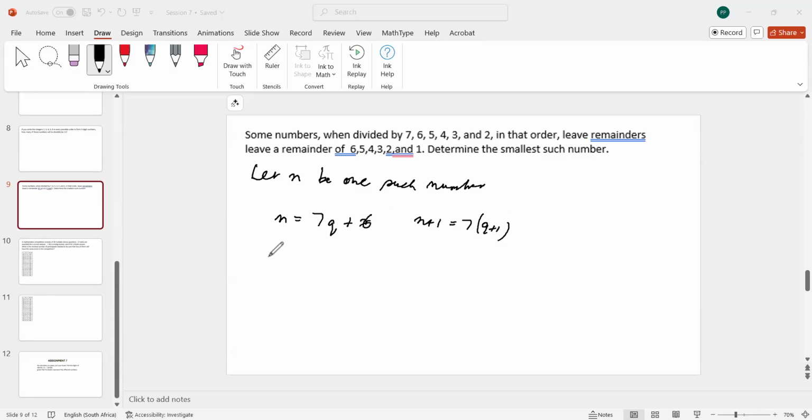Now, when you divide it by 6, the number is 6q' plus 5, since the remainder is 5. And again, when you add 1 to this, it becomes 6 times something. So n plus 1 is also a multiple of 6.